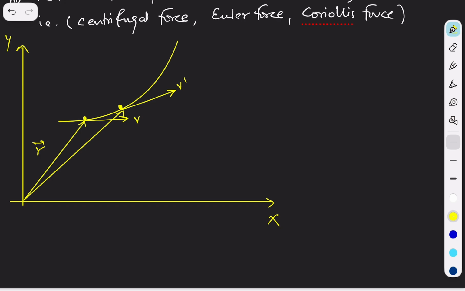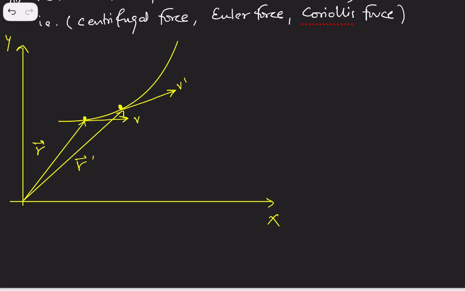Here, guys, if you see, there are two things which are happening. First thing is that the length of the position vector is changing. It means the magnitude of r is going to change. Second thing is that the orientation of the r vector is also changing.